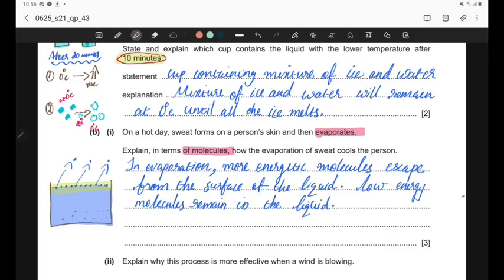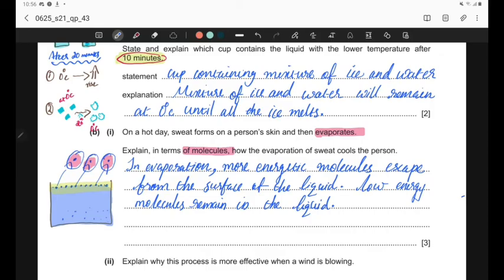Now again we can look at the figure. We have seen some of the molecules have higher energy, so they escaped. But where do they gain this energy from? Actually these molecules absorb energy from the person in the form of thermal energy. So these escaped molecules absorb thermal energy from the person.